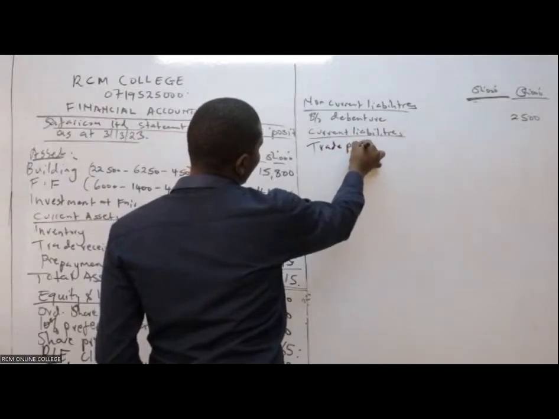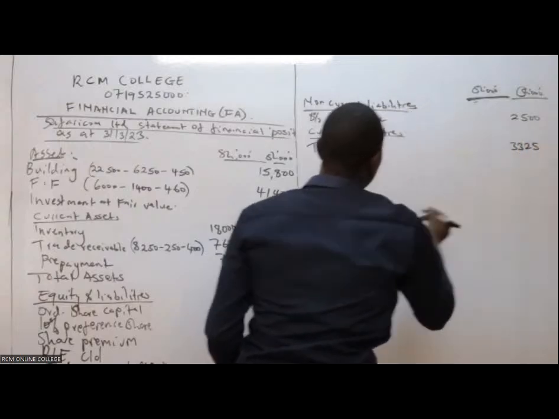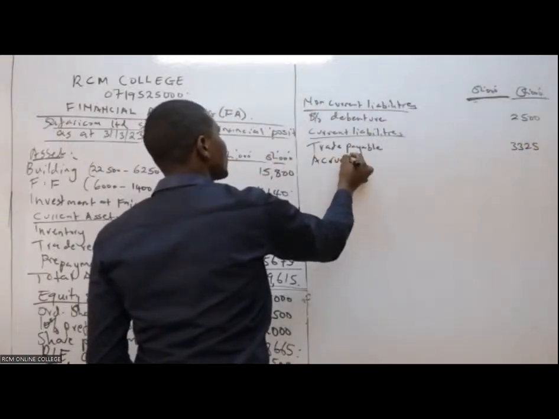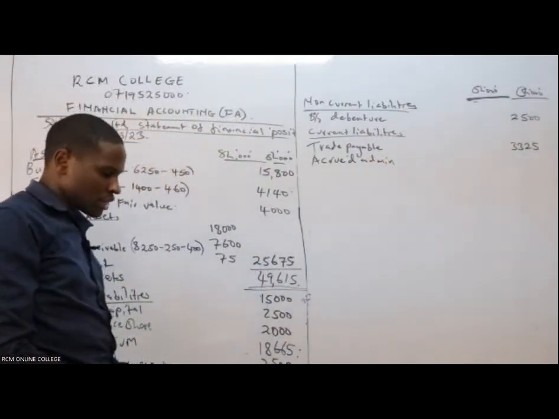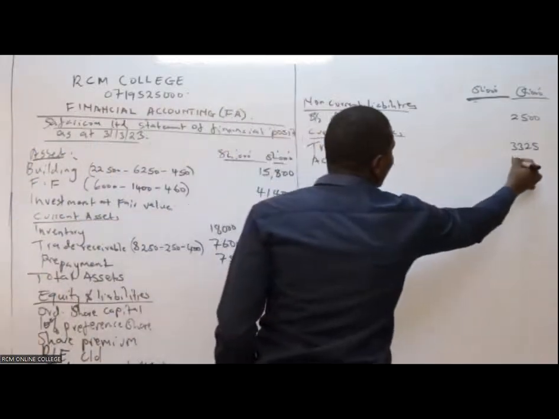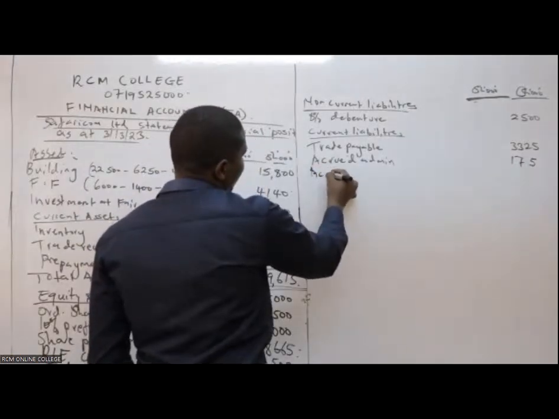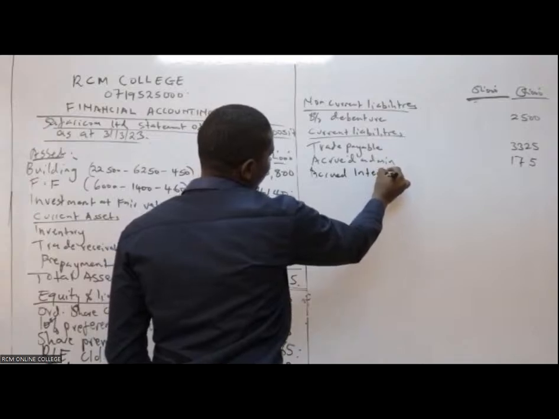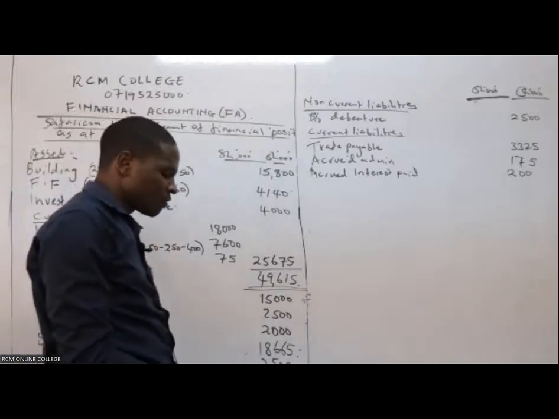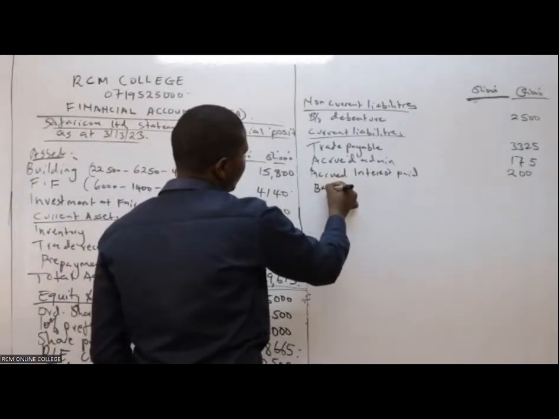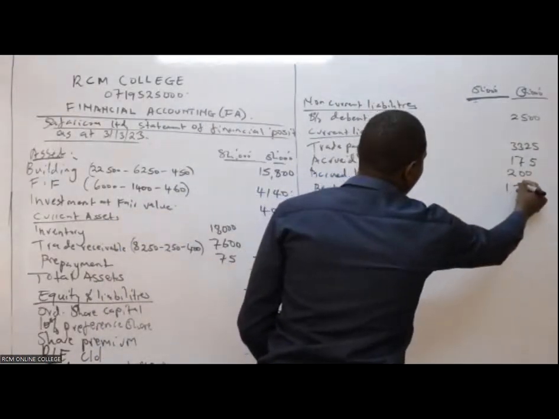How much is our trade payable? Looking carefully, we were given 3,325. Accrued admin, how much was it? Somebody to remind us. I want to see if you remember. 175. There was accrued interest paid, the interest paid of 200. We were given the bank overdraft, because it is on the other side. When you see it credited, that is the bank overdraft of 1,500.